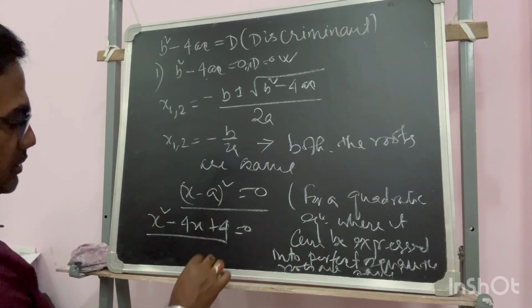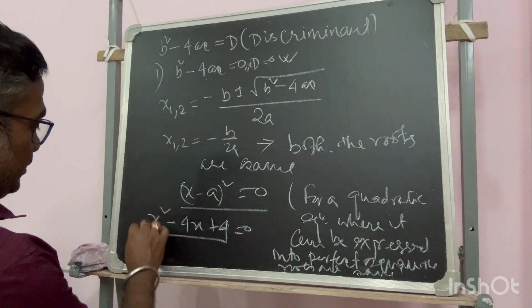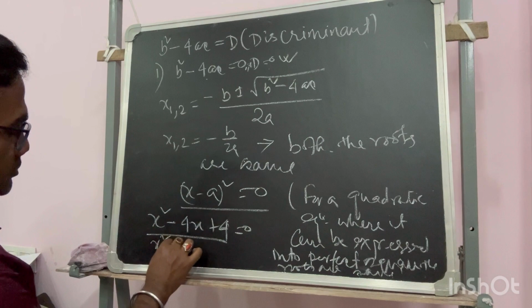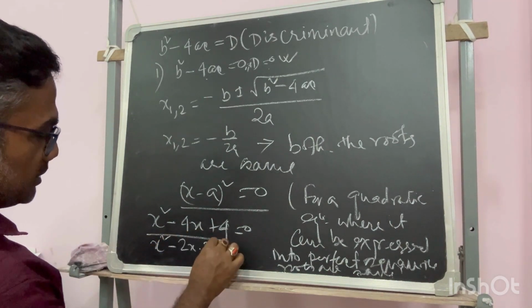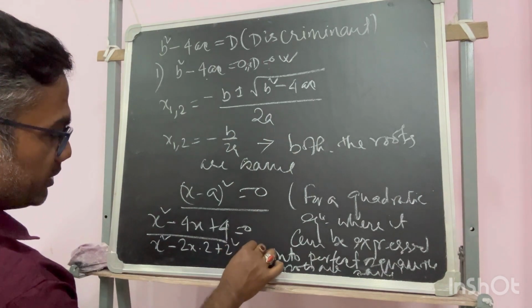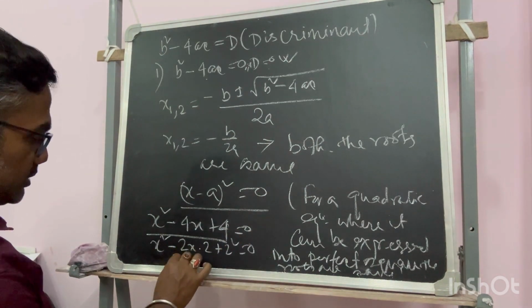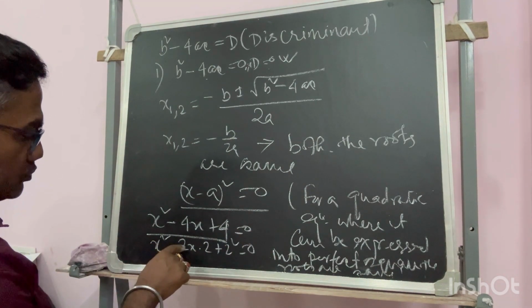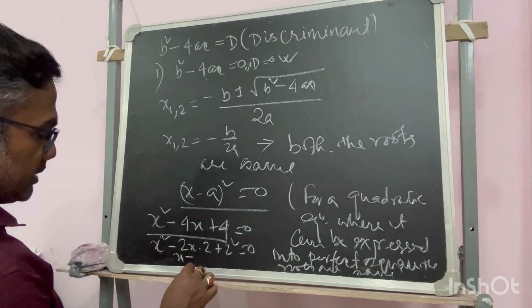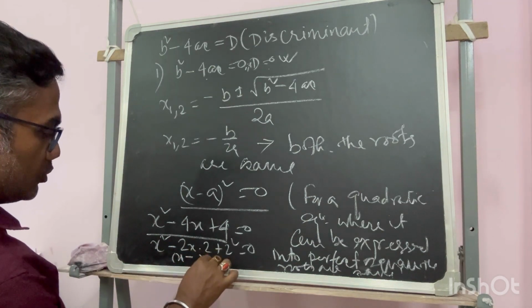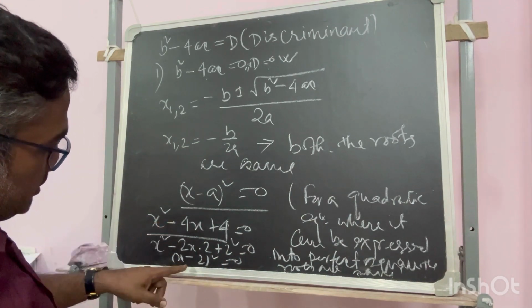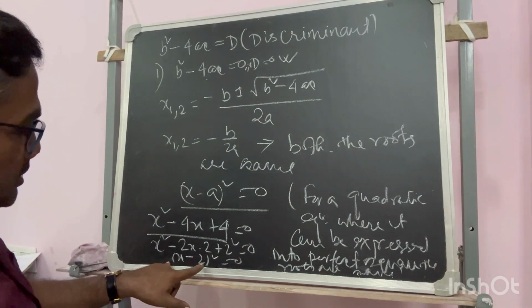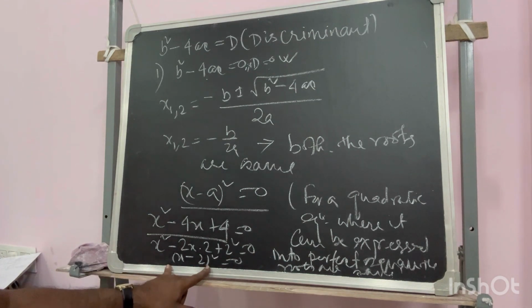I can write x square minus 2 into x into 2, plus 2 square. This turns into a square minus 2ab plus b square, that means a minus b whole square. So I can represent this expression like this, and if it is possible, then both the roots are the same.